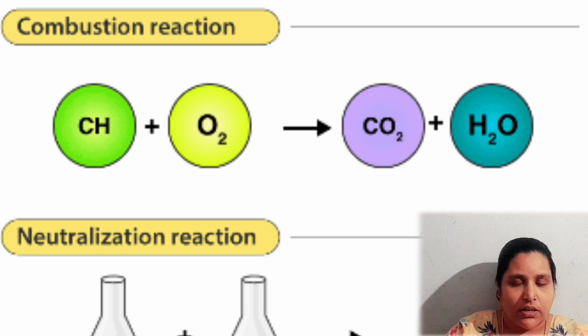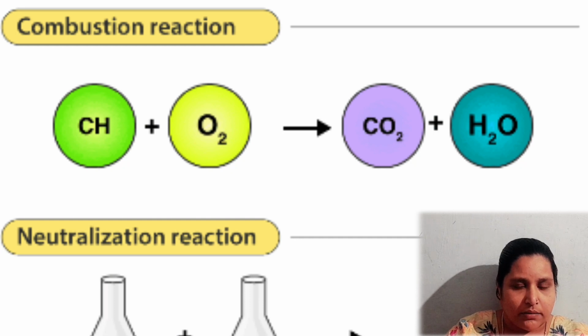Then the procedure. Take a pinch of lead nitrate in a test tube and add some distilled water to prepare the solution. Now take a pinch of potassium iodide and add some distilled water. Then this becomes potassium iodide solution.